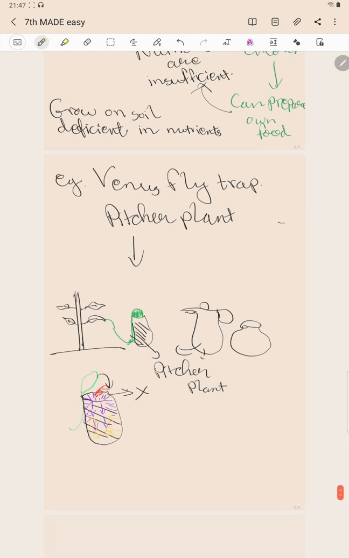A fly lands on the pitcher, the lid closes, the hair directs the fly downwards, enzymes are released which digest the insect, and the nutrients are absorbed. So this is a heterotrophic mode of nutrition where the plant obtains food from another organism, and the nutrients are not prepared by the plant itself.